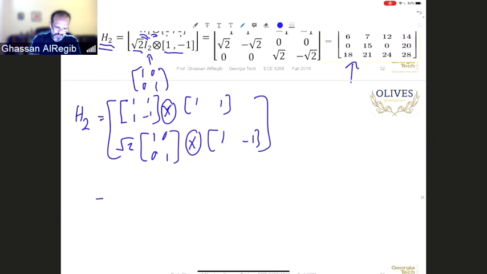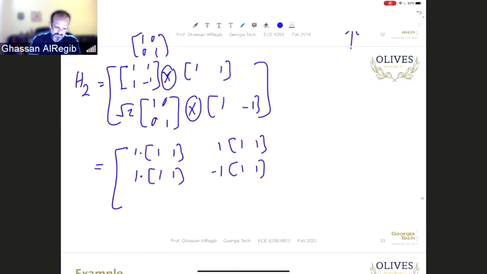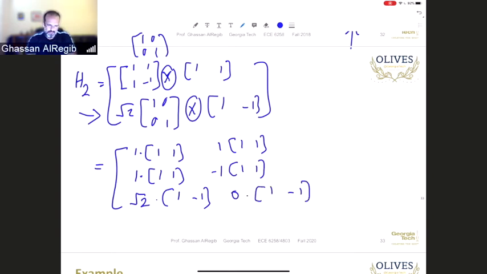That means I have 1 times 1 and 1, the next one is 1 times 1 and 1, the next one is 1 times 1 and 1, then negative 1, 1 and 1. And then in the second row, square root of 2 times 1 and negative 1, then 0 times 1 and negative 1, then 0, 1 and negative 1, and then square root of 2, 1 and negative 1.